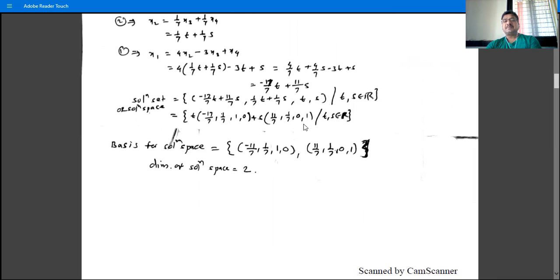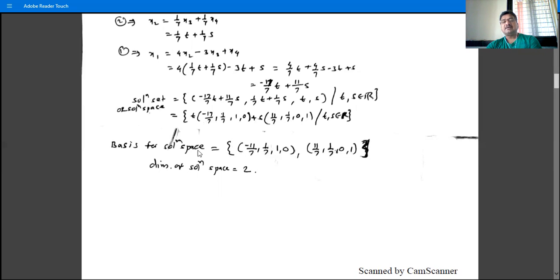So this space is spanned by these two vectors, and therefore the basis for the solution space or solution set contains, written in curly bracket, these two vectors: minus 17 by 7, 1 by 7, 1, 0, and 11 by 7, 1 by 7, 0, 1.